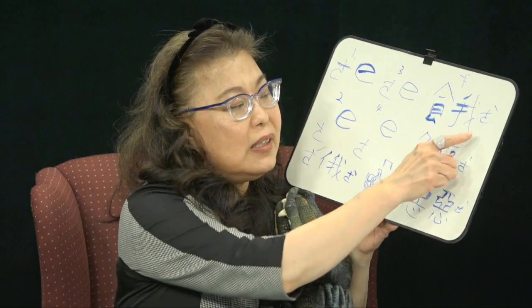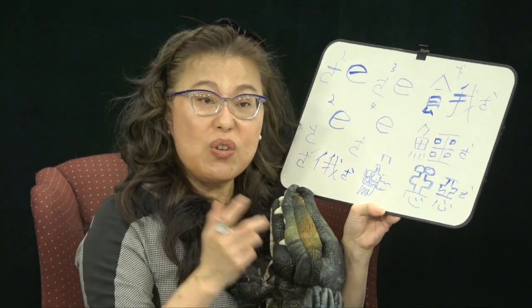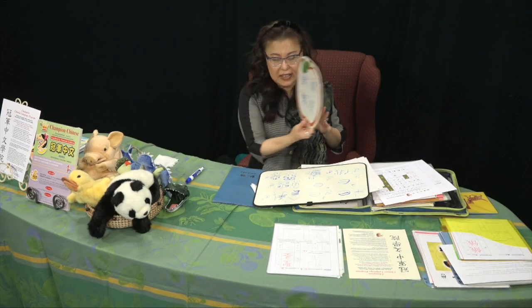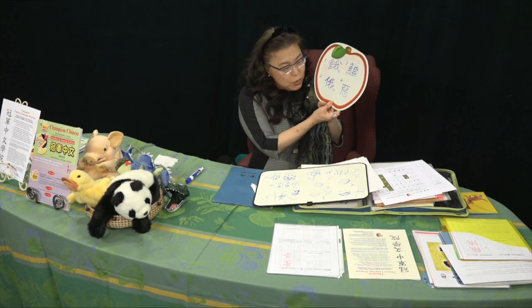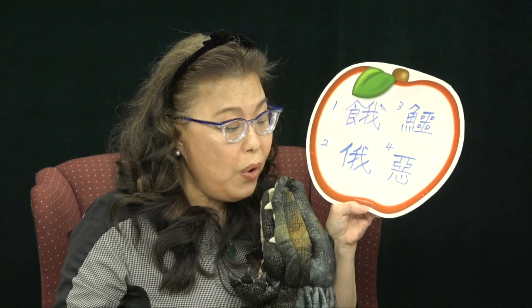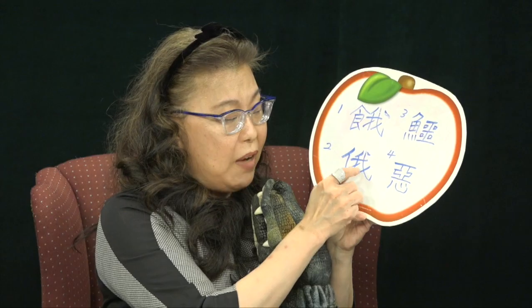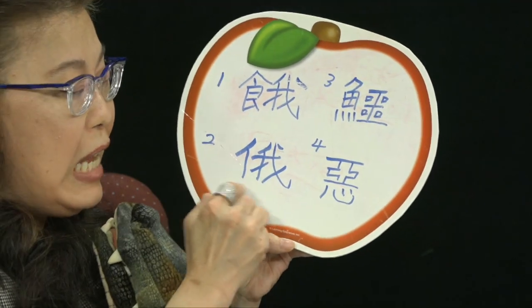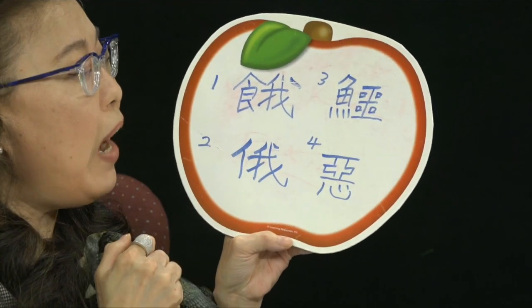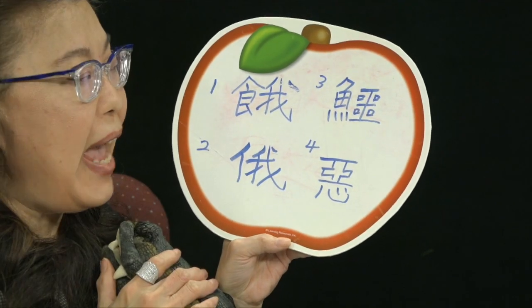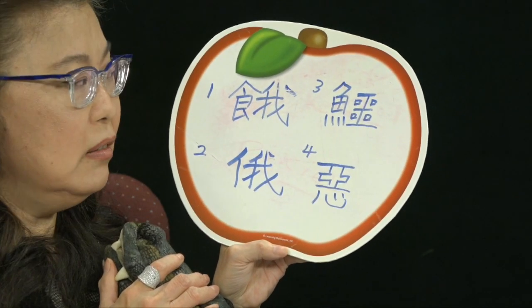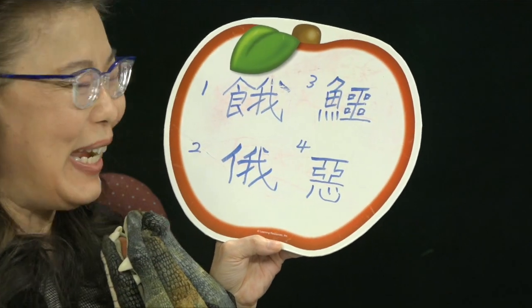So this is 饿. So right now, I want to give you a test. Which one is Russia? Oh, I didn't really mention it. This is me, right? And this is people. Okay, so this is Russia. So now, which one is alligator? 饿. Of course, number 3.